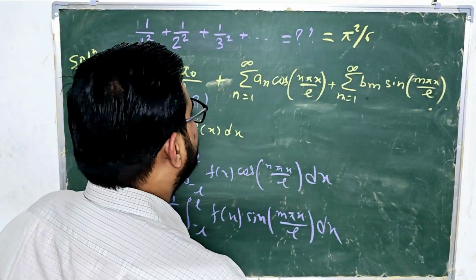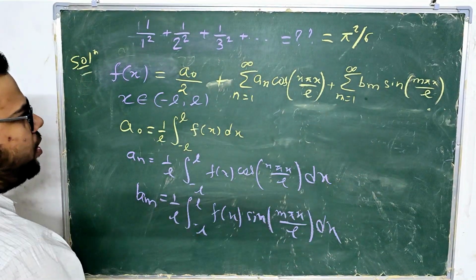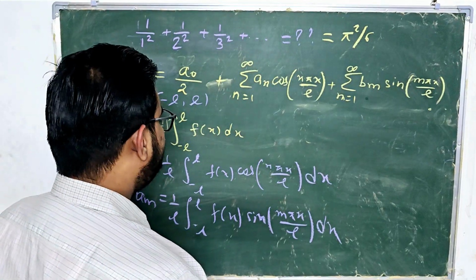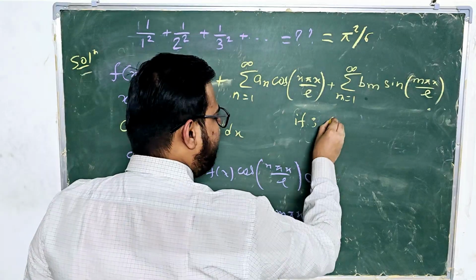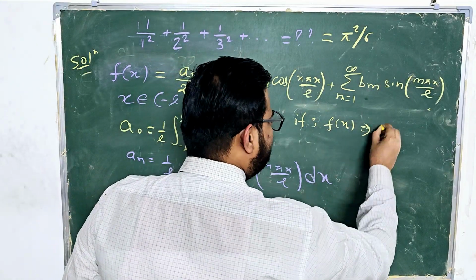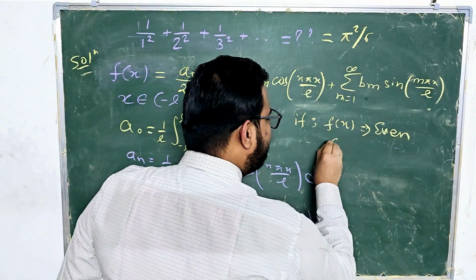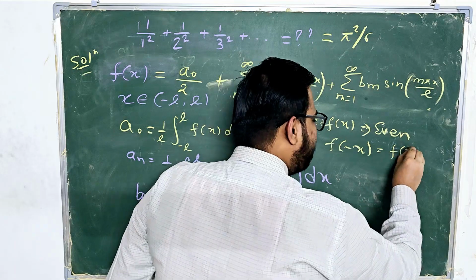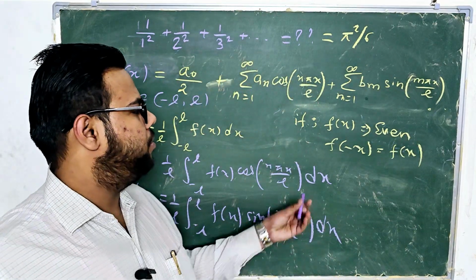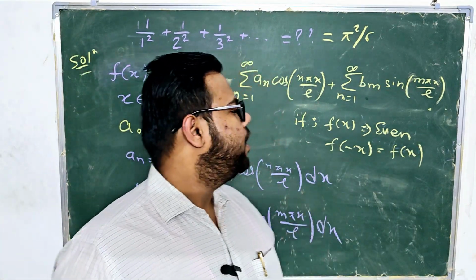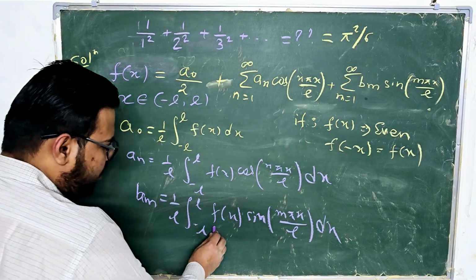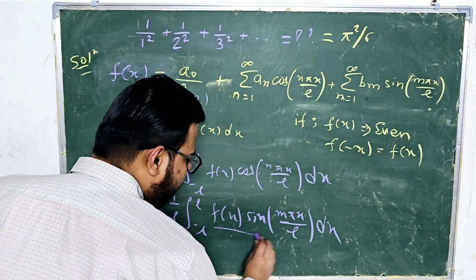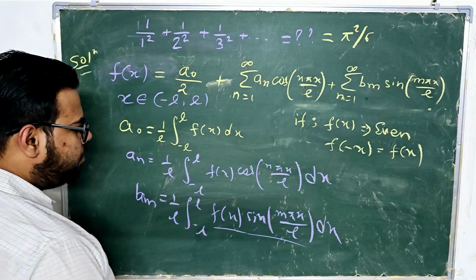Okay, so this is the basic concept of the Fourier series, and notice that if f(x) is some even function. What is an even function? f at negative x is equal to f at x. So this is the meaning of an even function. In that case, for b m, this is an even function, this is an odd function, sine is an odd function.